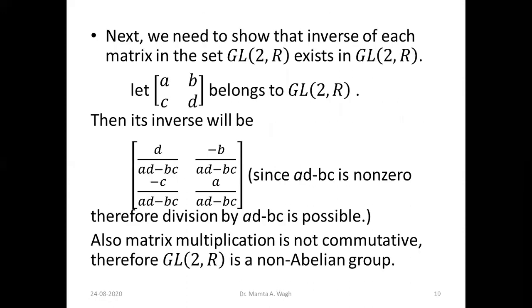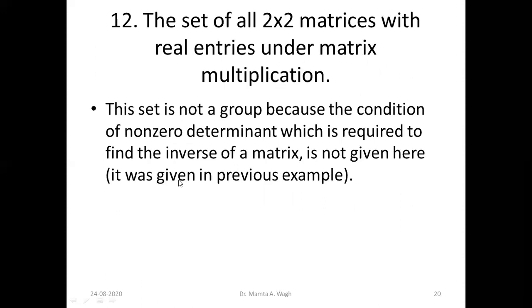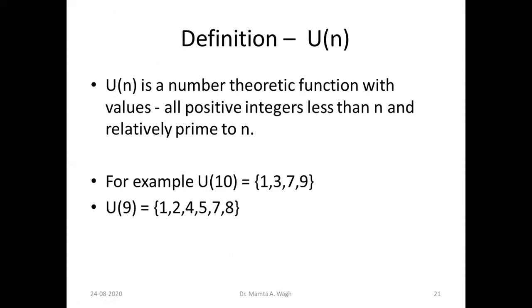Why? Because the inverse property will not be satisfied. For the inverse property to be satisfied, you should have AD minus BC non-zero, the non-zero determinant, which is not given here. So this set is not a group because the condition of non-zero determinant, which is required to find the inverse of a matrix, is not given here, unlike in the previous example.